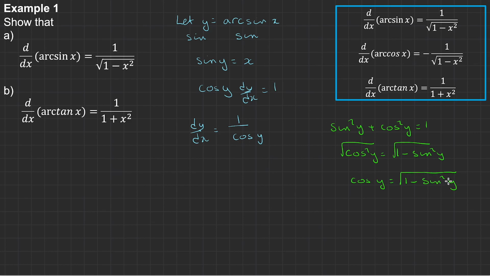So this term becomes x squared. So cos y is equal to the square root of 1 minus x squared. Now I can substitute this expression for cos y into our derivative. So this becomes dy by dx is equal to 1 over cos y, the square root of 1 minus x squared. Okay? So let's try example B.